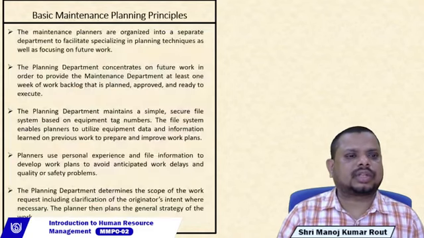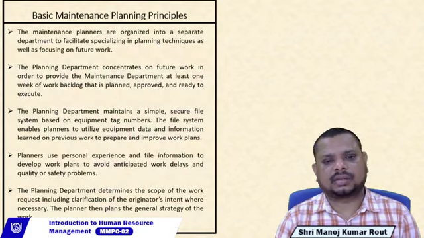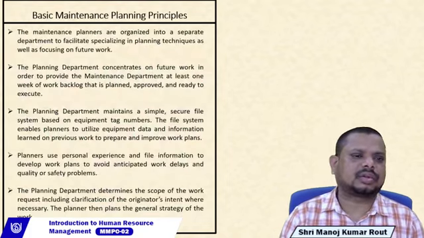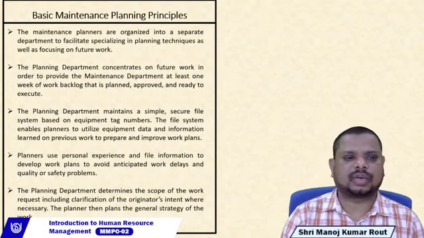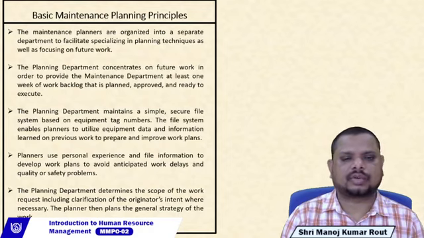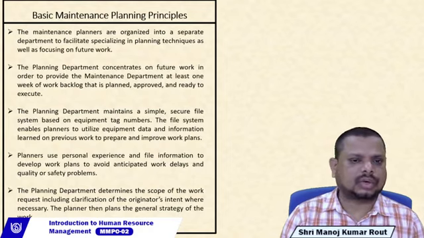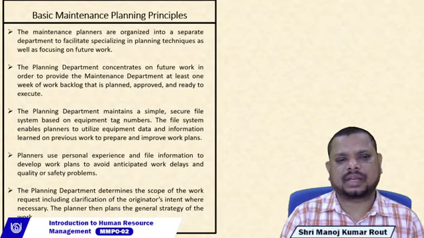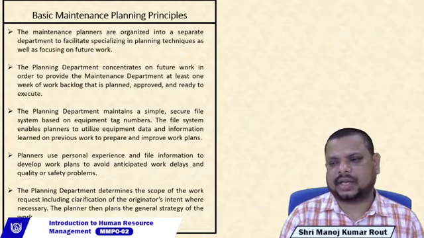Moving to the next one, basic maintenance planning principles. Let's understand what the principles are. The first planning principle is that maintenance planners are organized into separate departments to facilitate specialization in planning techniques as well as focusing on future work. In core industries or integrated organizations, for example, the maintenance planning departments are separate entities.